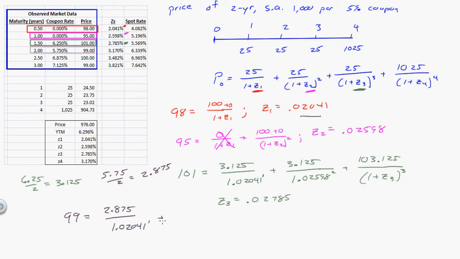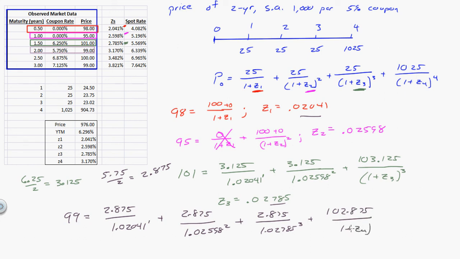1.02598 squared, plus 2.875 divided by 1 plus Z3, which I just found, 1.02785 cubed, plus 102.875 over 1 plus Z4 to the fourth.